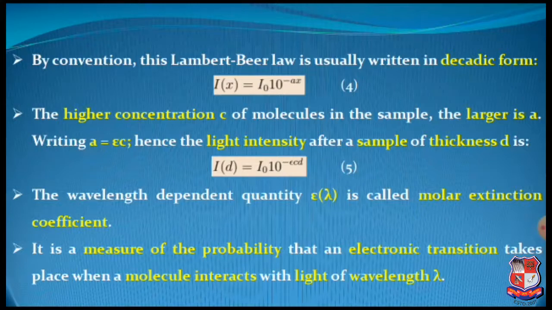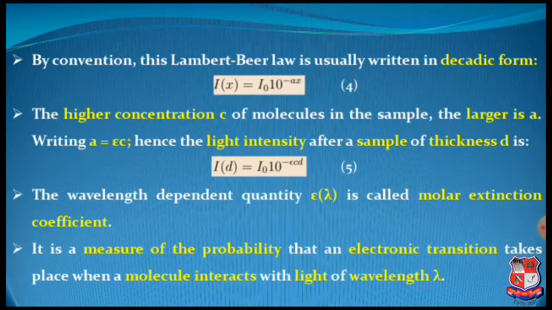So the light intensity after a sample of thickness d is given as I(d) is equal to I0 10 raised to minus epsilon c d.